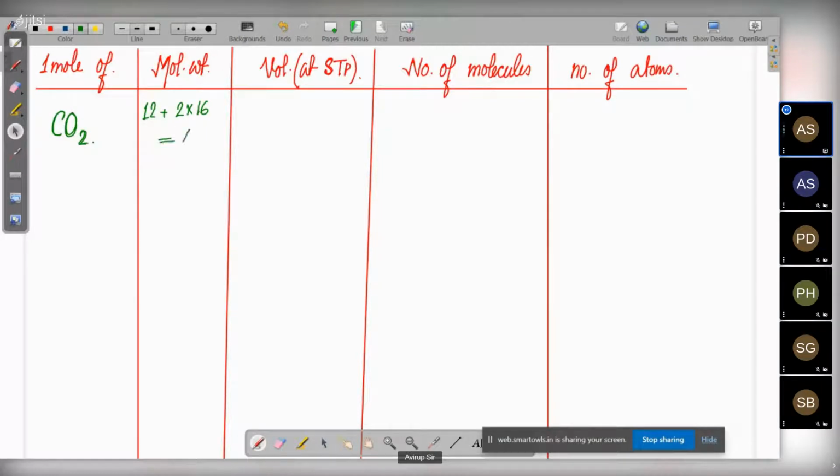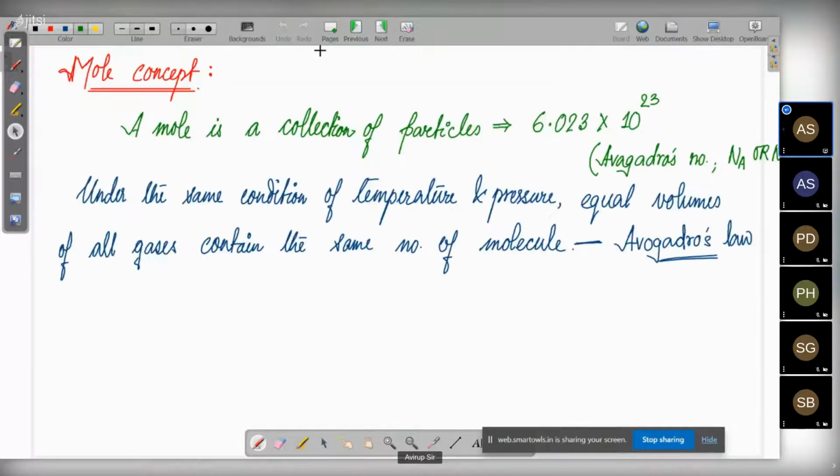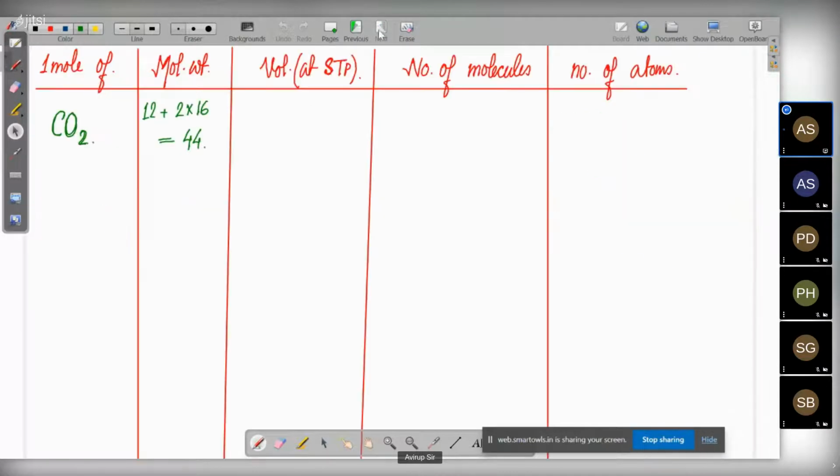So carbon dioxide's molecular weight is coming out to be 44. Now, how much volume does it occupy? I told you that equal volumes of all gases contain the same number of molecules. So the volume occupied by one molecular weight of any gas is 22.4 liters always.